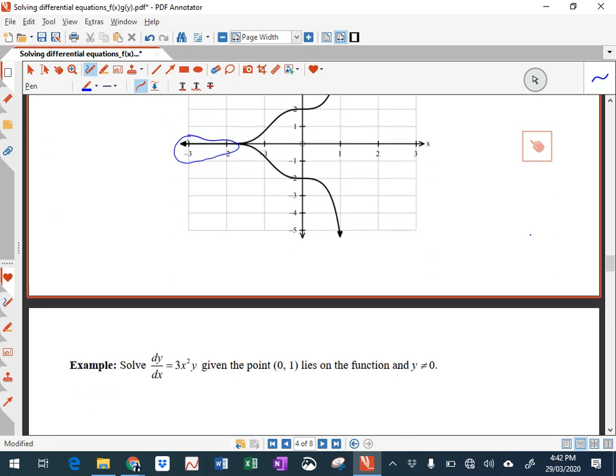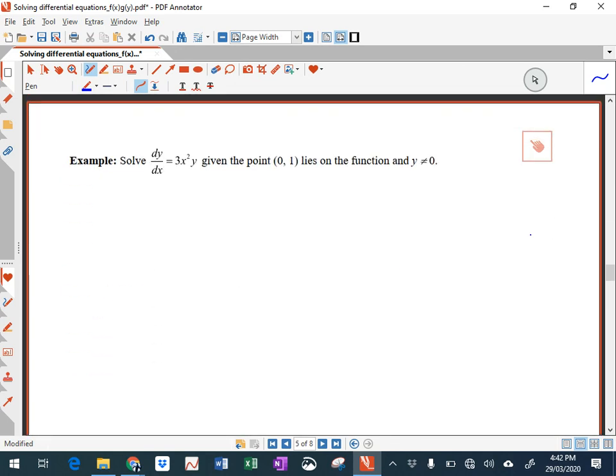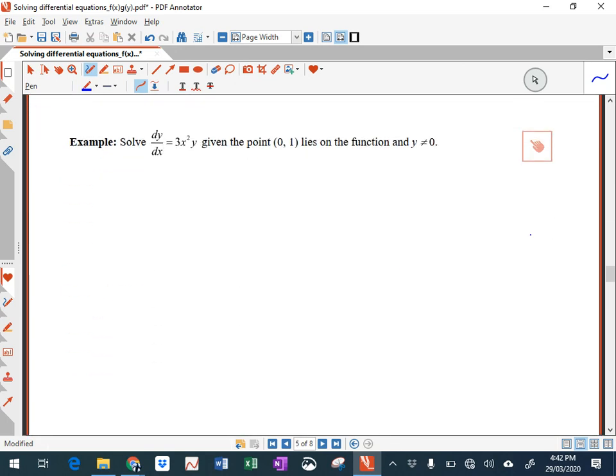All right, so let's have a look at the next one. For this one here, this is exactly the same question, but they tell you two conditions. There's a 0.01 on the original function and y can't be 0. So what I'm going to tell you is this, rather than doing all the working out from scratch, let's just say mod y is equal to a e to the x cubed.